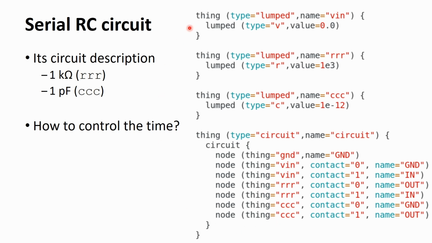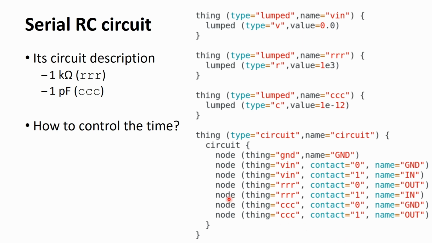This is a part describing a serial RC circuit. The resistor is 1 kilo ohm and the capacitor is 1 picofarad. Also, the circuit is quite simple, nothing special.